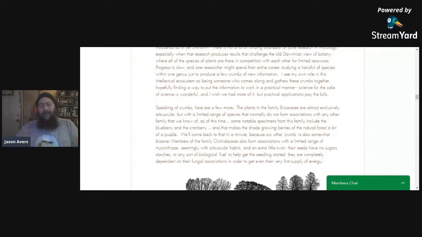Whenever a seed first germinates, inside that seed coat, you've got the little embryo of the seed, and it's got its first cotyledons, either monocotyledons or dicotyledons. That's a fancy way of saying the first leaves. They're either a single leaf or two leaves. Those are already in the seed. And then there's a source of food, which is usually in the seed.